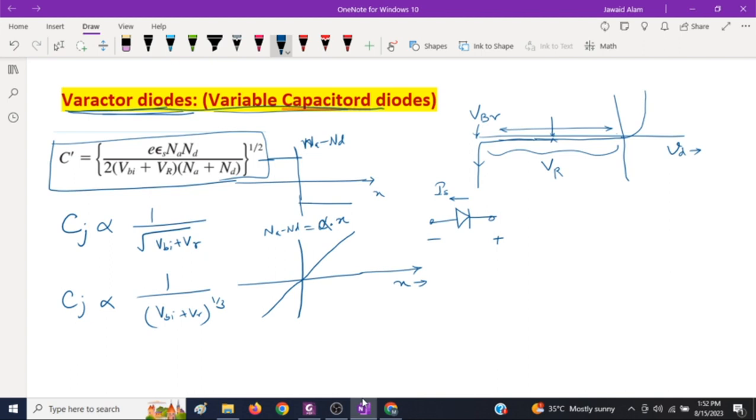Here you have 1 by Vbi plus Vr to the power 1 by 2.